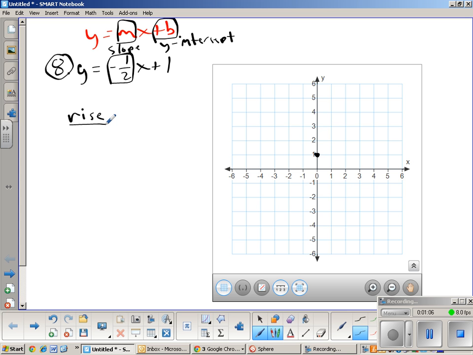I rise how far? -1, and I run positive 2. So that means down 1 and right 2. Down 1 and right 2. So there's my dots. Draw that line. Something like that.